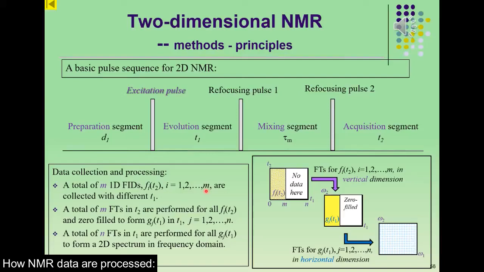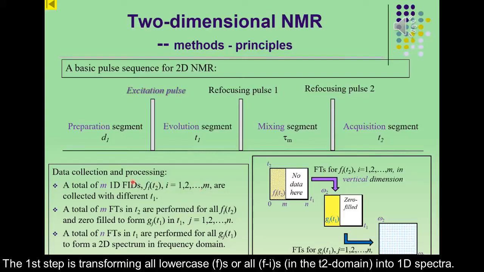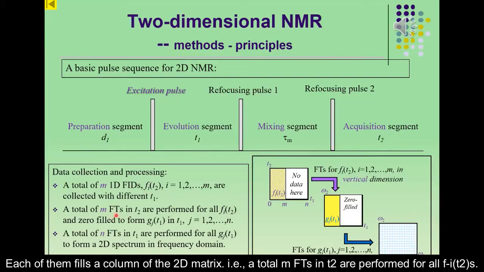How are NMR data processed? The first step is transforming all lowercase f's, or all Fi's, in the T2 domain into 1D spectra. Each of them fills a column of a 2D matrix, i.e., a total of M Fourier transforms in T2 are performed for all Fi(T2).